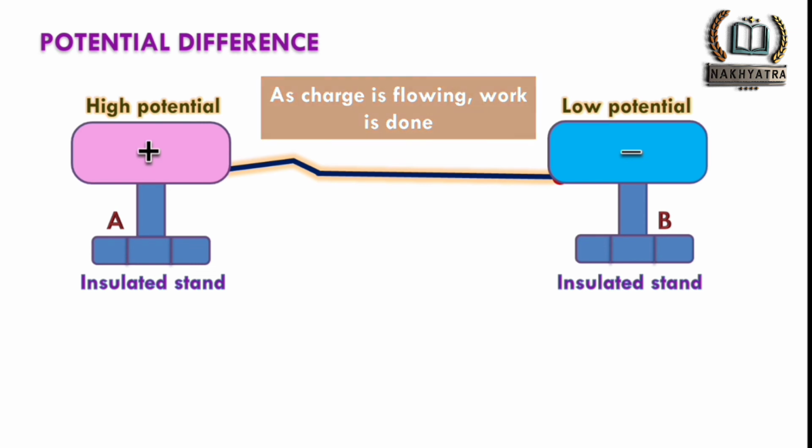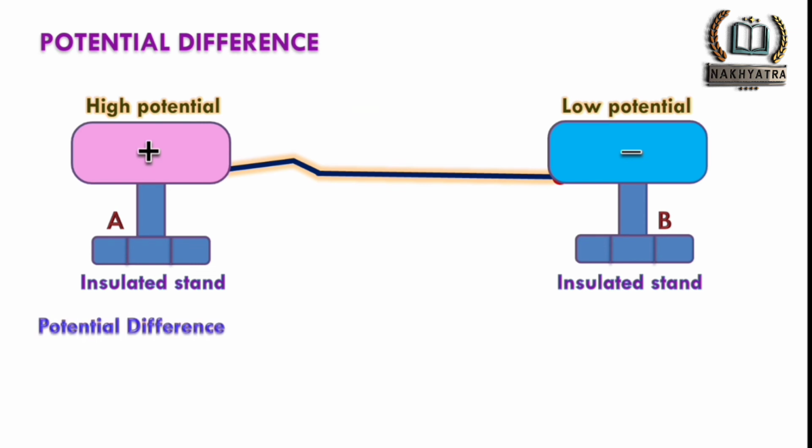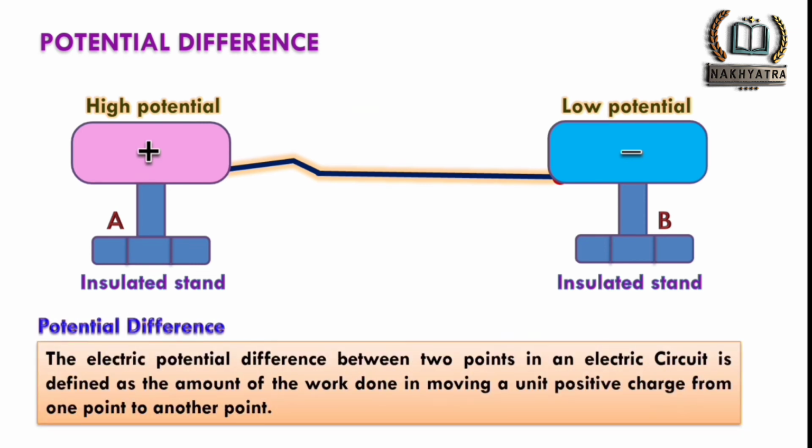Now let's check the definition of potential difference. The electric potential difference between 2 points in an electric circuit is defined as the amount of work done in moving a unit positive charge from one point to another point. Here the 2 points are A and B, the negative and the positive terminal in the circuit. What amount of work done are they talking about?